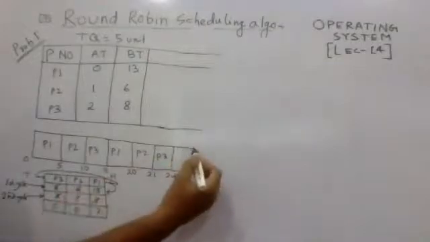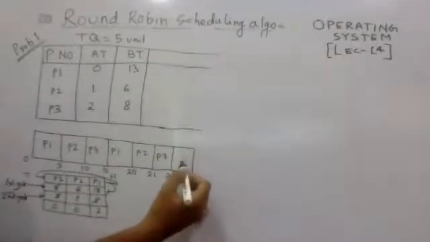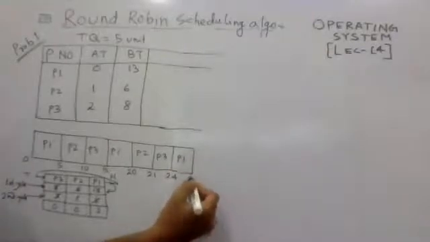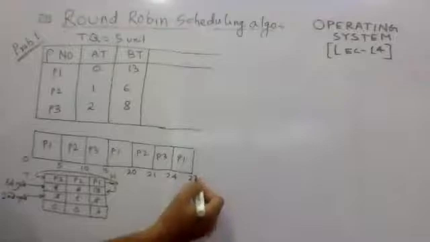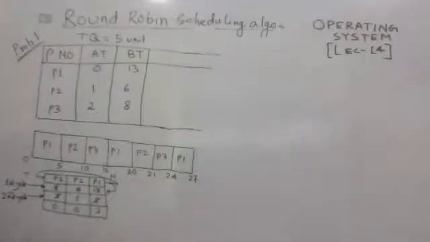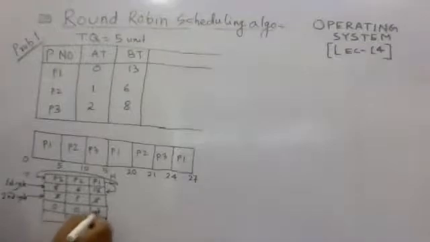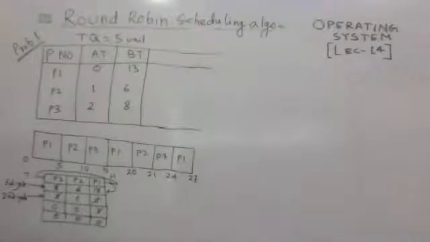So the last process in our given example is P1, and it will be 27. Okay, so this is 0, this is 0, this is 0. So this is our schedule chart.